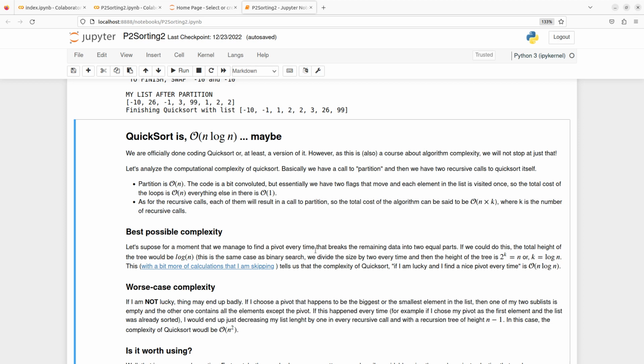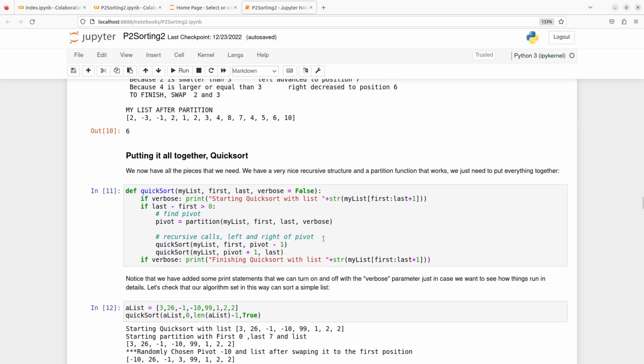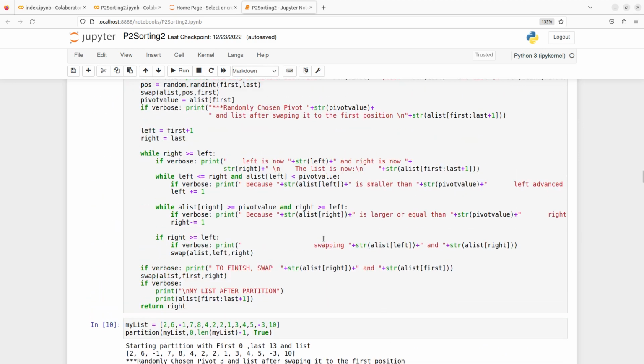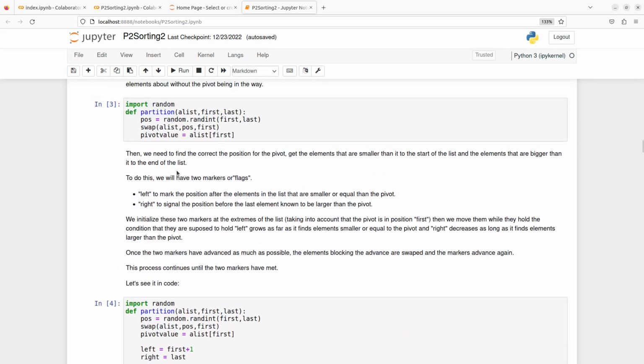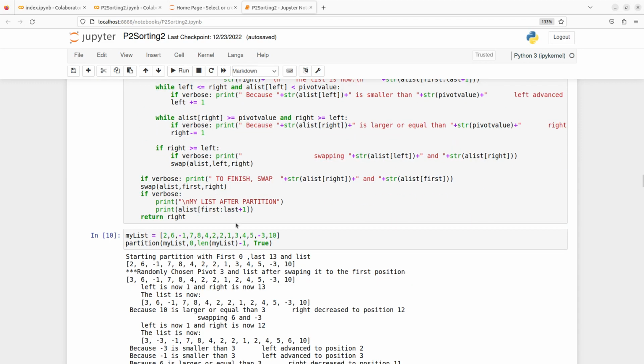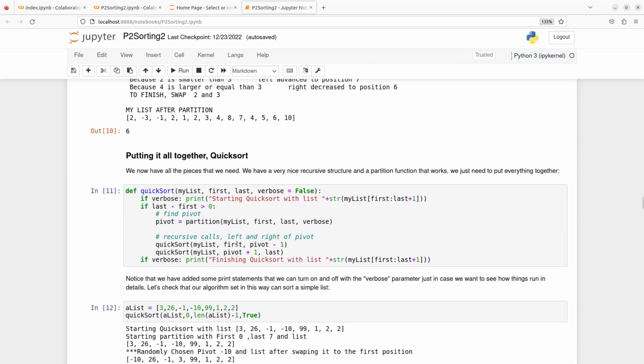Well, if I'm not lucky, I might end up with each recursive call dividing my two halves of the quicksort call, sorry, I'm lost here, with these two calls being one of them with all the elements except one, except the pivot, and the other one being empty.